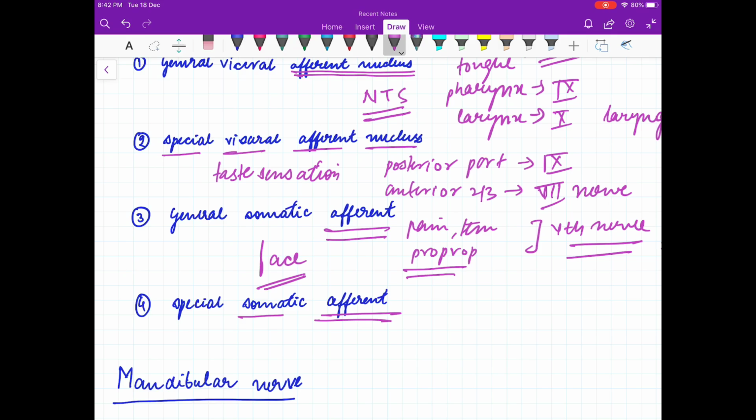And special somatic afferent is found by the eighth nerve and second nerve, which carry the hearing and vision sensations.